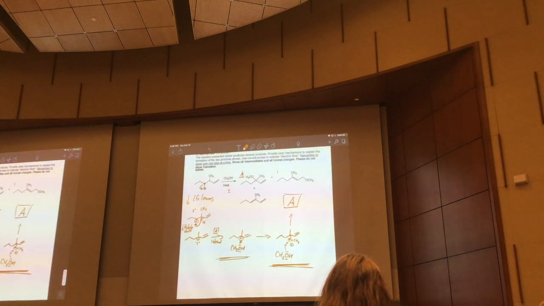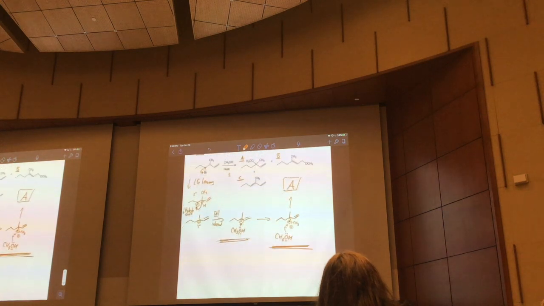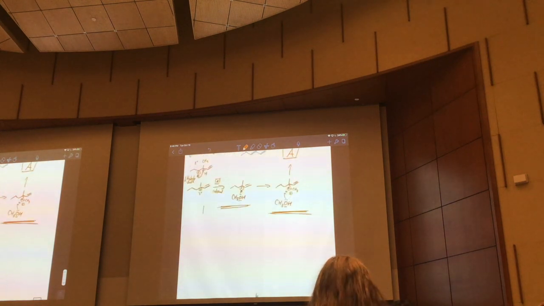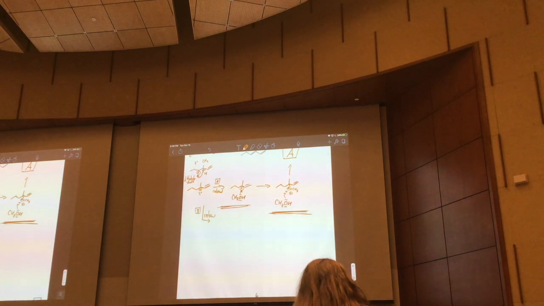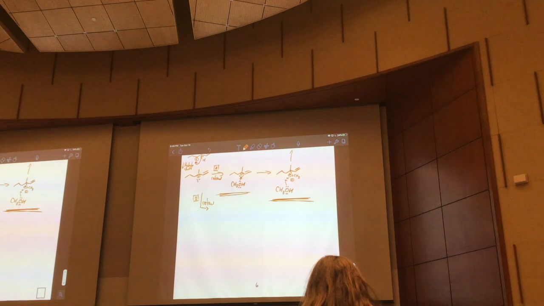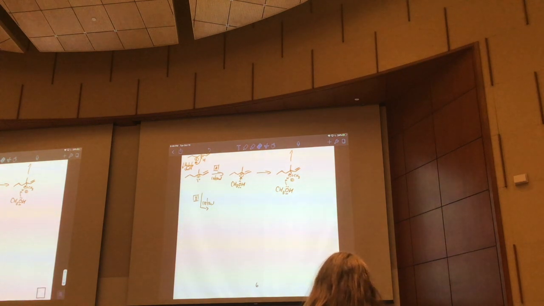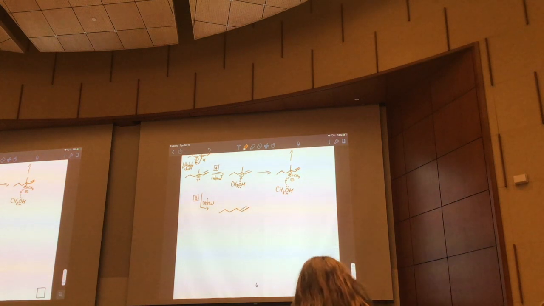We need to show now formation for B and formation for C. So let's go ahead and do that. Let's now redraw for B. I'm going to redraw it. We've redrawn it. Great.